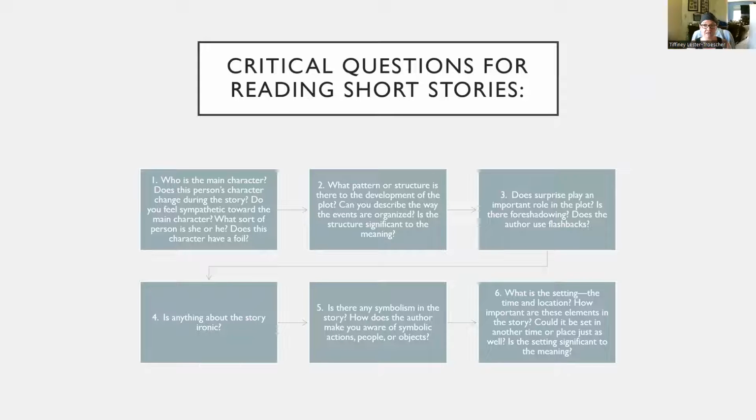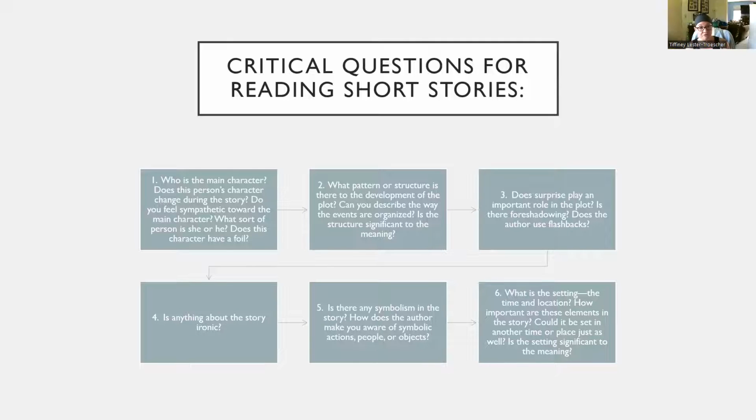In some stories, the setting really isn't an important element. The story is happening, and we might not even really know what the setting is. We could take that story and put it in a completely different setting and it would still play out the same way, and we would still get the same results, the same theme.